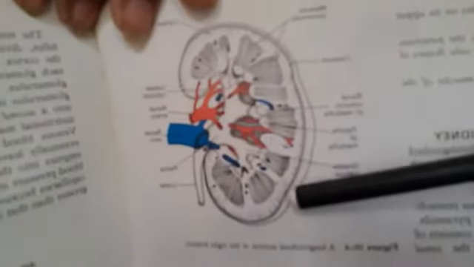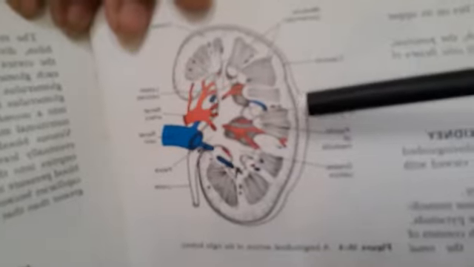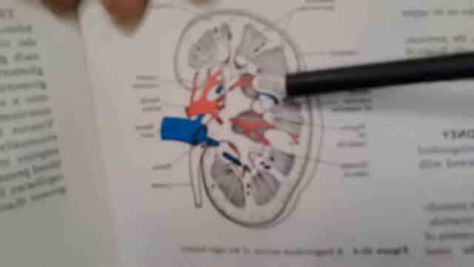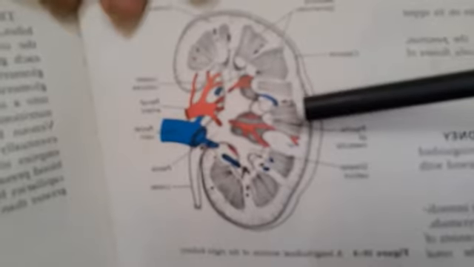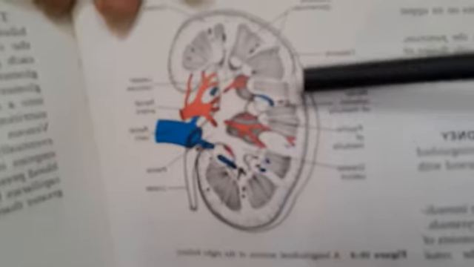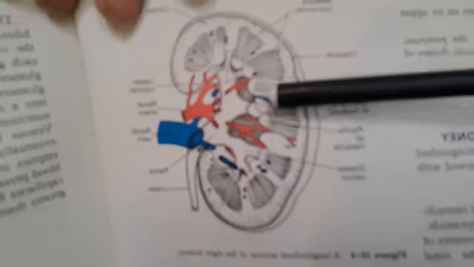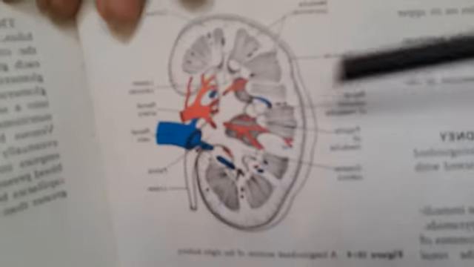Now, if we go on to the parts of the kidney, we will find there are two parts: the renal cortex and the renal medulla. Clear?